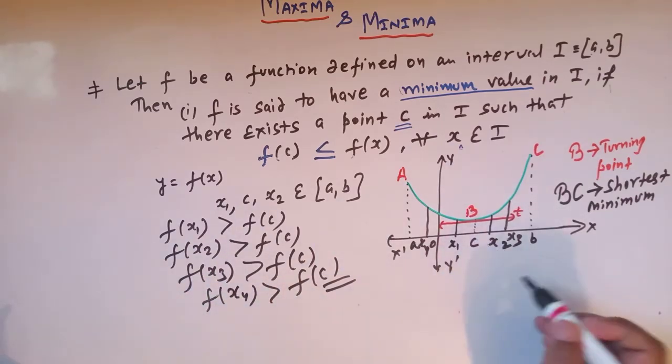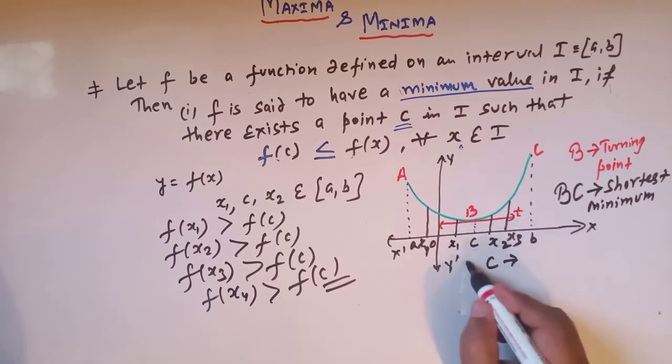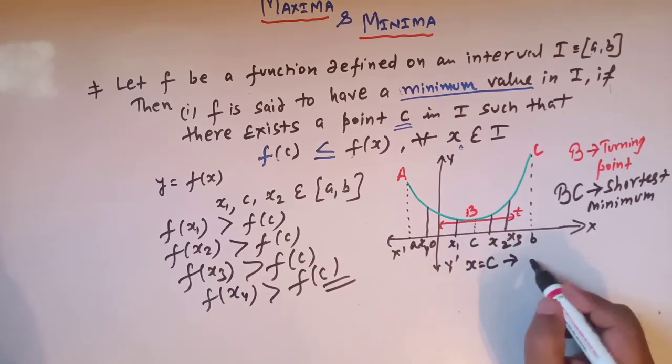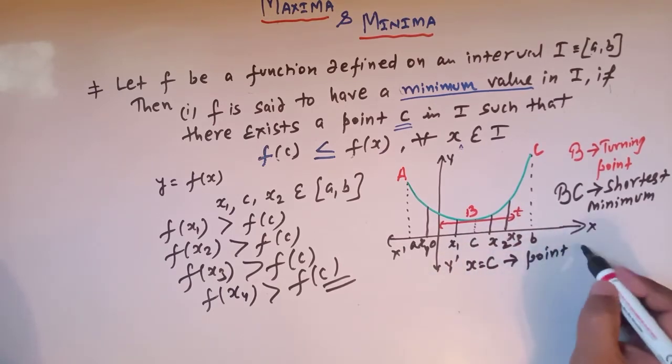So this point C, x equal to C, is called the point of minima.